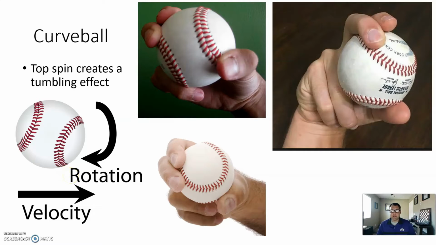All of the grips you see here are slightly different, but they all share the same basic premise that you're using a seam to give yourself extra grip. Now, I myself personally, when I throw a curveball, I actually use two seams here. So I kind of split my hands like this. So then when I throw, I can actually pull down on these two seams to give me some extra topspin with it.